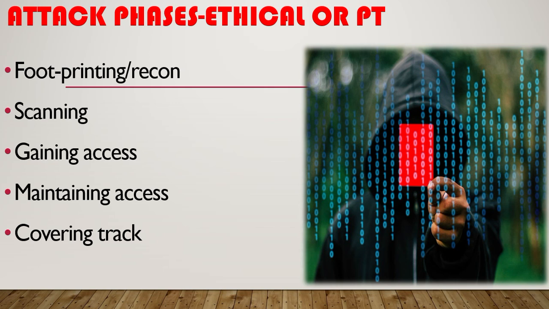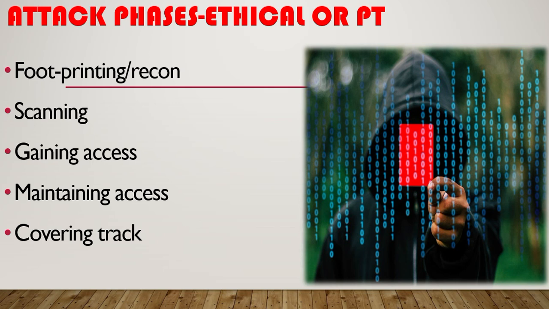The fifth and final one is covering tracks. Once the attacker has got access and maintained that access, it's really important to clear the tracks and clear the logs, so the attacker can avoid getting caught, because the target system may have a very good monitoring system and may be auditing logs for who is getting into the system and what suspicious activities are being performed.